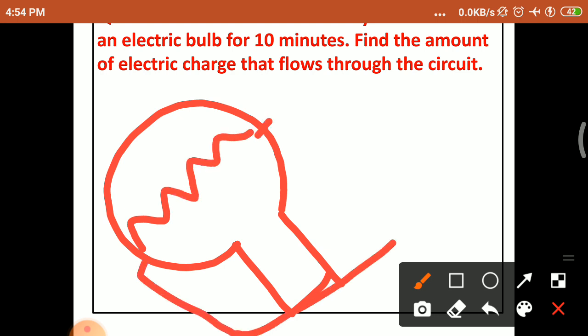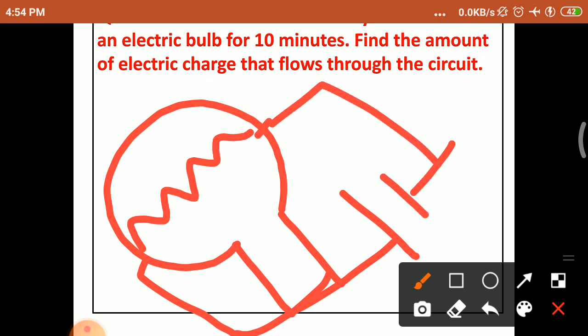When the battery is connected to this electric bulb, the current flows through the filament. So here the 0.5 ampere current is flowing through a filament for 10 minutes. So find the amount of electric charge that flows through the circuit.